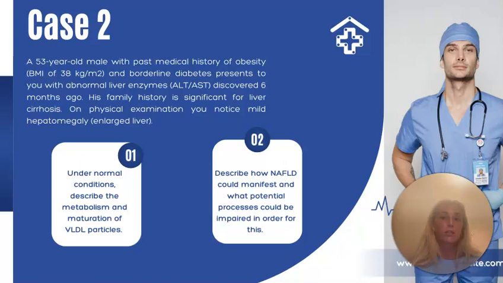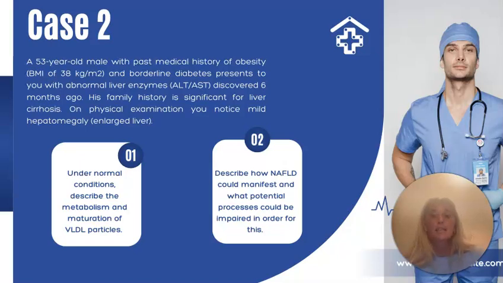Also, impaired triglyceride export. The liver's capability to export triglycerides is reduced, causing them to build up within hepatocytes. Also, deficient beta oxidation. The hepatocytes have impaired beta oxidation, the process by which FFAs are broken down, resulting in triglyceride accumulation.